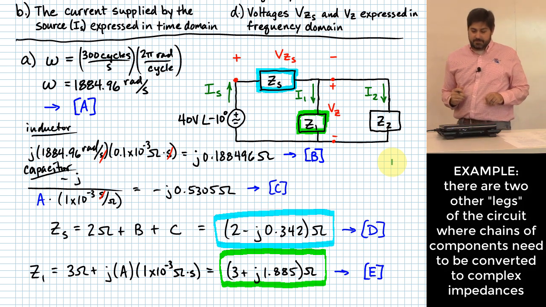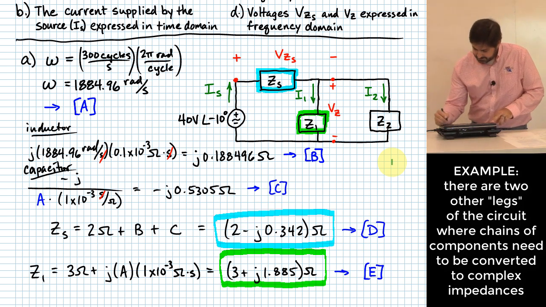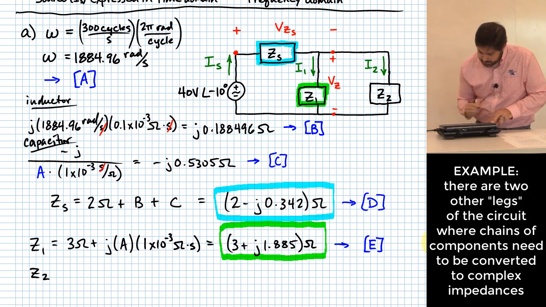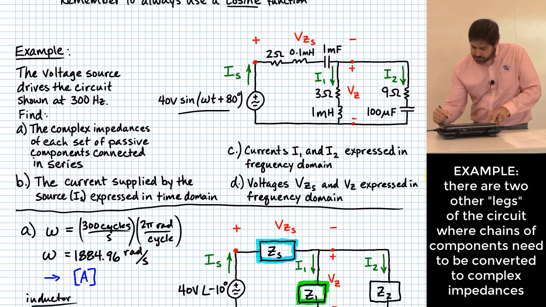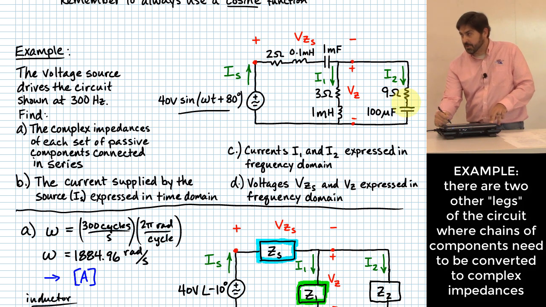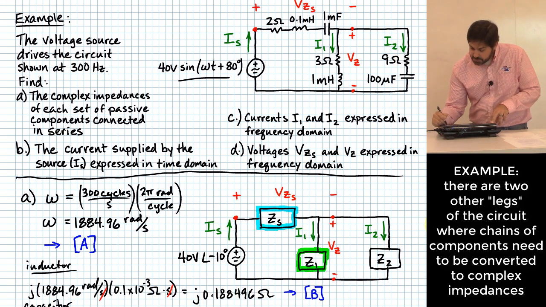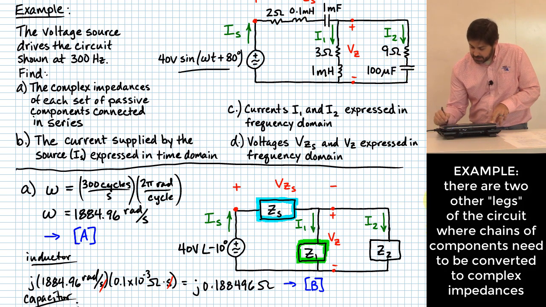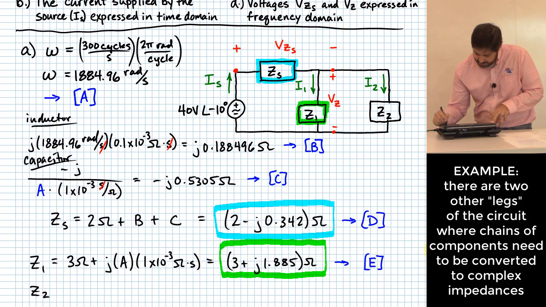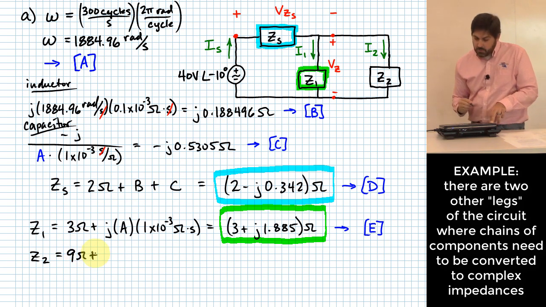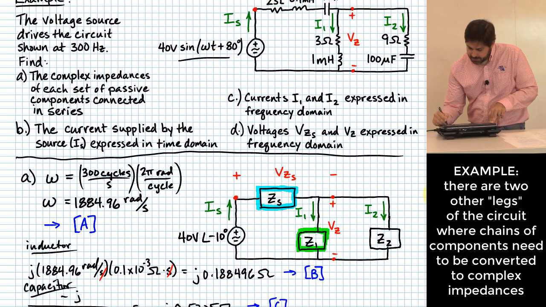What's next, do you think? How about Z2, right? Z2 is a capacitor, though, and to deal with this one, it is a capacitor that's in series with a resistor, right? So I am going to add the 9 ohms to whatever the complex impedance is for that capacitor, right? So I'm going to say that down here like this. 9 ohms plus, it's a 100 microfarad capacitor, right?